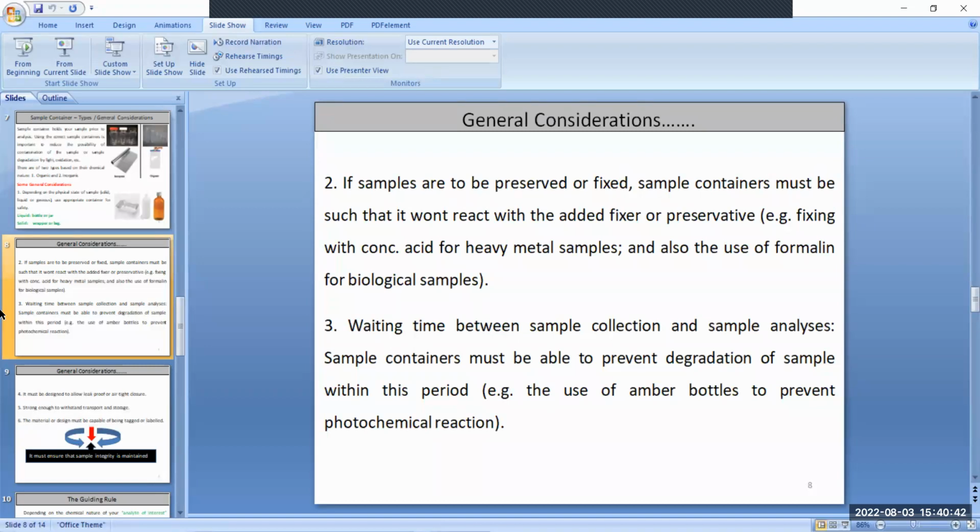Once you know that within the period you will need to wait between sample collection and sample analysis, you might possibly expose your sample to sun rays, and you have the pre-knowledge that photochemical reaction can trigger other processes that could either claim your analyte of interest or release more of your analyte of interest into your sample, then you need to look for containers that will prevent that.